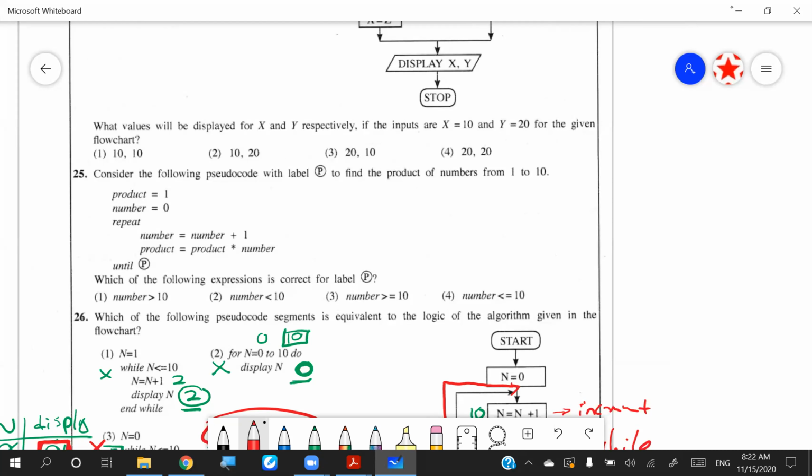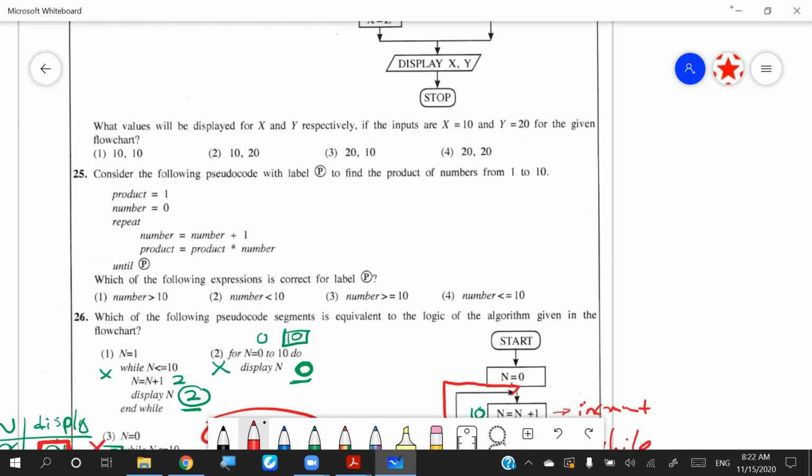You don't have to remember the logic here, but it says numbers from 1 to 10. So you have to iterate this from 1 to 10. That means, in other words, you have to iterate this 10 times, right?